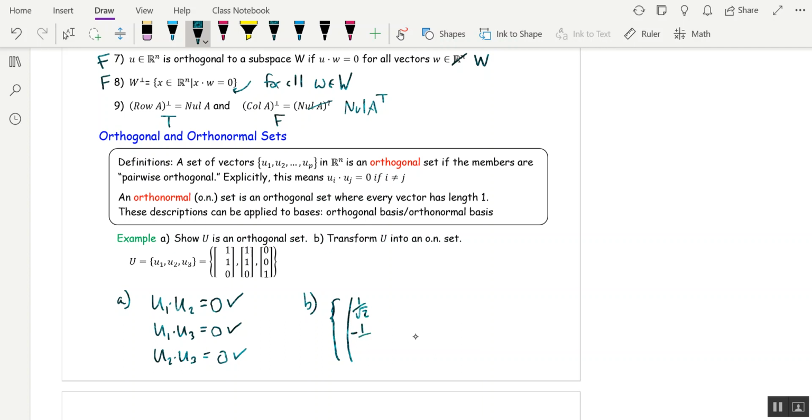Negative 1 over root 2, 1 over root 2, 0. The length of the second vector is also root 2. So 1 over root 2, 1 over root 2, 0. And the length of the third vector is already 1, so we can just leave it alone. So now we have an orthonormal set. Each vector is pairwise orthogonal and length 1.